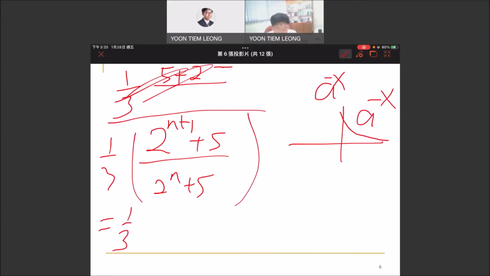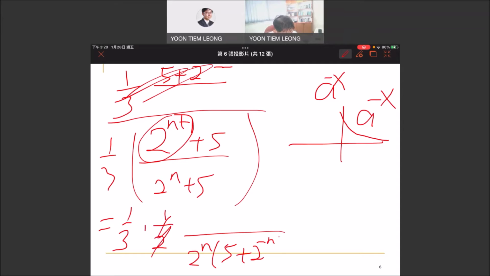That should be easy, because upstairs you have 2 to the power of n plus 1, downstairs you have 2 power n. Right? So if you pull out the factor of n, then you may get something. So that is what I'm going to do. I'm going to pull out the factor of 2 power n from the above. I get 5 plus 2 raised to the power of minus n. Right?